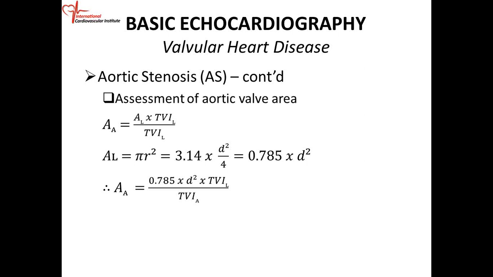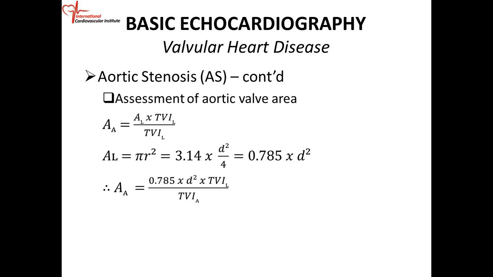Okay? So you have to memorize that. You have to know that. I still use it. When I'm doing anything, I get my D, I get my LVOT TVI, the aortic valve TVI, I plug it in the equation, and I see what the valve area is.